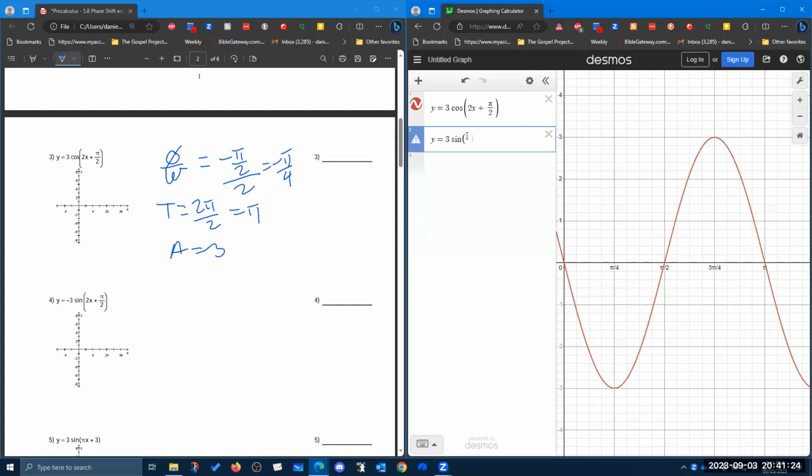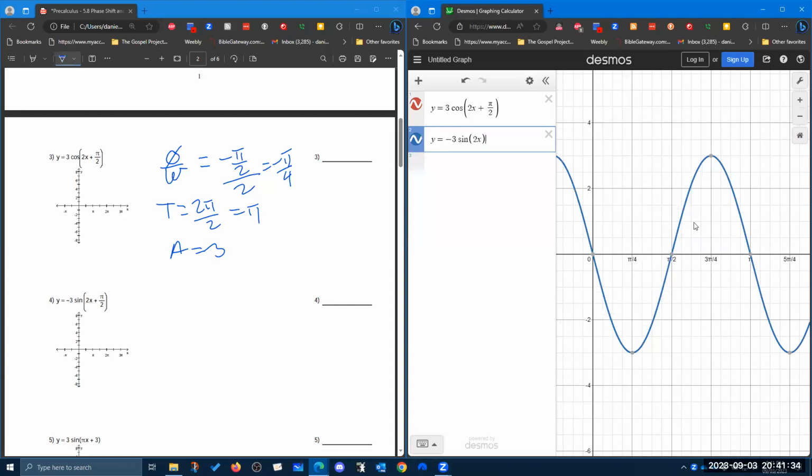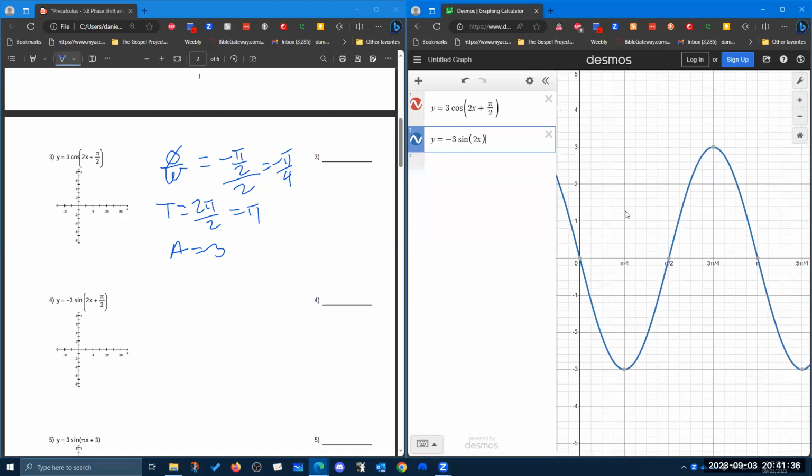Maybe this is negative 3 sine of 2x. Let's see if that's it. Oh, look at that. That's exactly what it is. So I could have written that cosine function, which looks a little more complicated, as a simpler sine function by using my co-function identities.